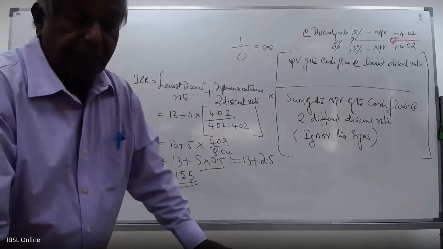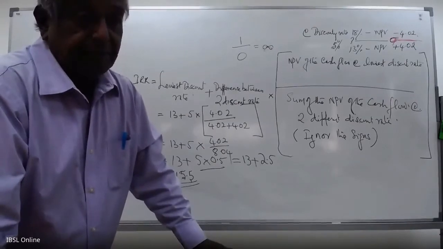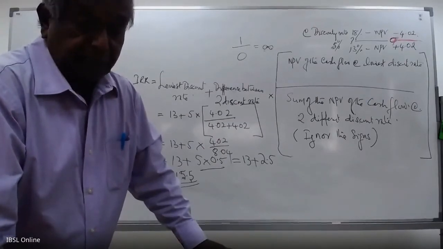Please take it down. Put the heading, discounted cash flow.